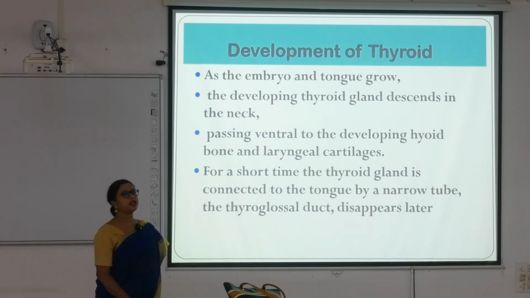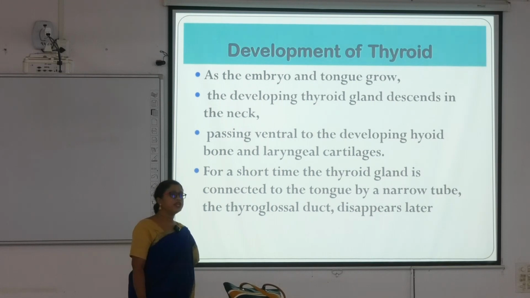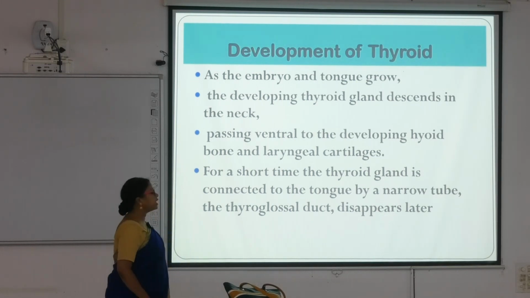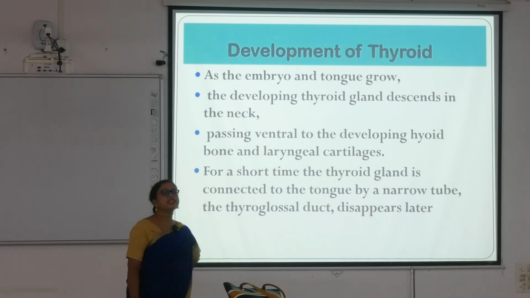Could you tell me the vertebral level of hyoid bone? Hyoid bone এর vertebral level? Between C3 and C4. Okay. So below that we are having the laryngeal cartilage. What is the extension of cricoid cartilage?